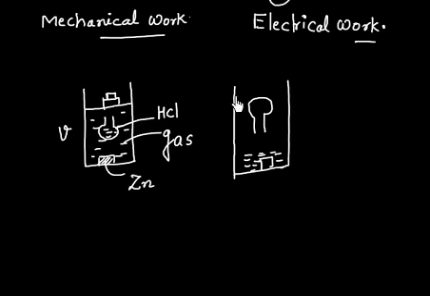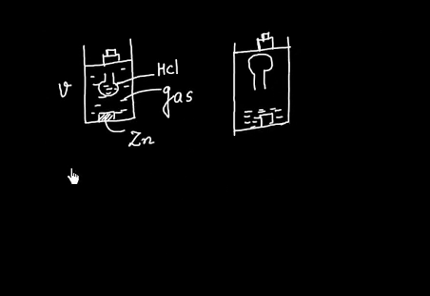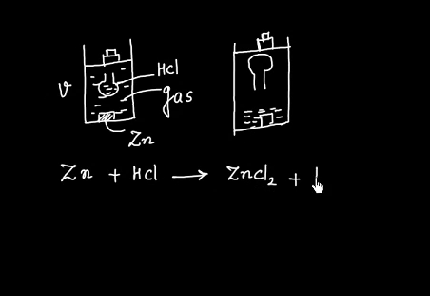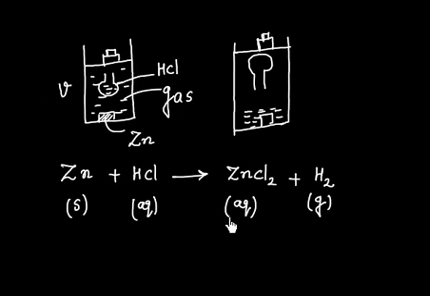Initially the volume was fixed, but now some gas will be produced. Zinc reacts with HCl to form ZnCl2 and produce hydrogen gas. Zinc is a solid, HCl is aqueous, and ZnCl2 is also aqueous. So in this chemical reaction, hydrogen gas is produced.